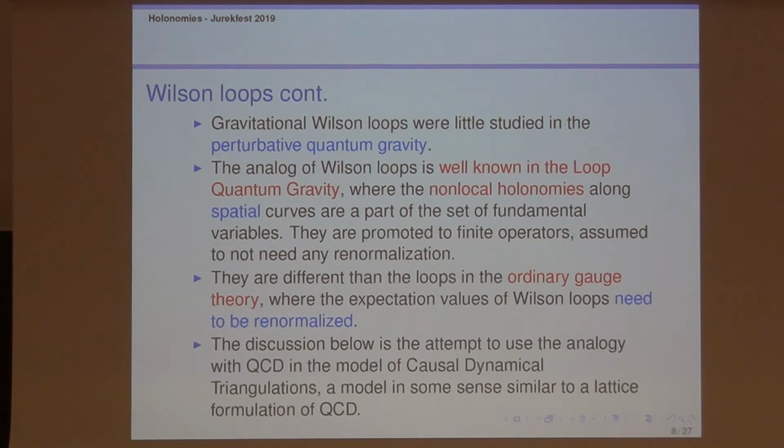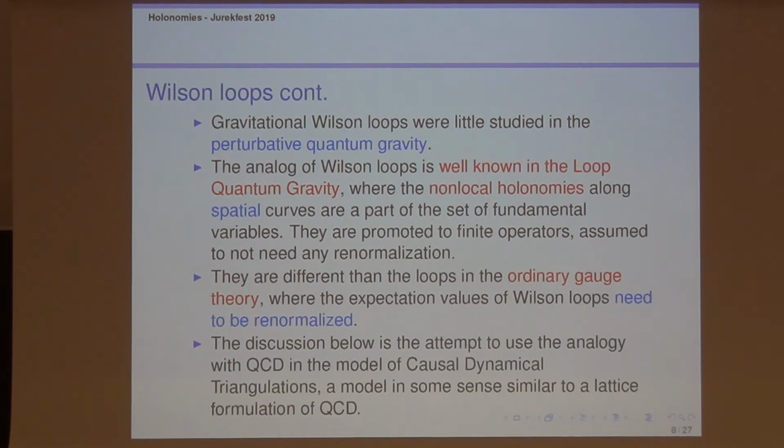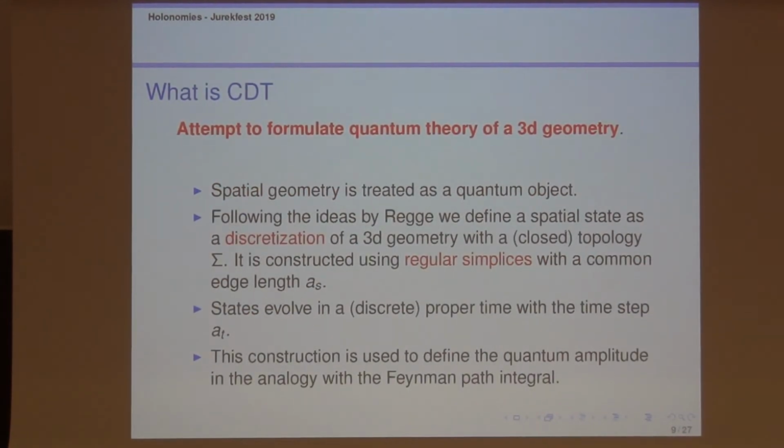And in some sense, as I will try to explain to you, this model of causal dynamical triangulations is similar to a lattice formulation of QCD, where these objects have been studied, and in fact very effectively. So I will only say a few words about what the model of causal dynamical triangulations is.